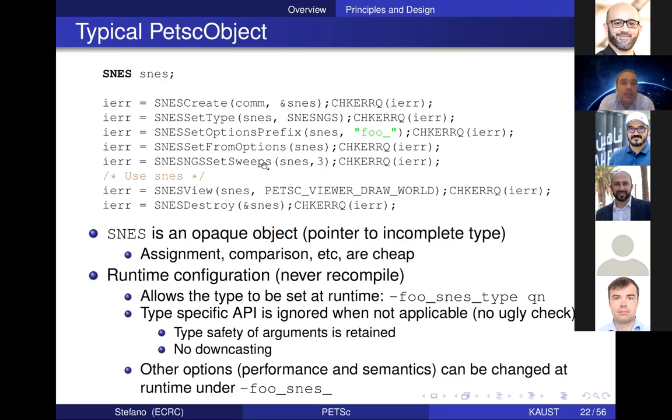So in this case, for example, I'm trying to use an API which is specific to nonlinear Gauss-Seidel, and I'm saying to use three sweeps in the nonlinear solver. And since I changed at runtime the type of the solver to be quasi-Newton, this API will do nothing. Which means that I can write a very general code that does not require recompilation if I want to change the configuration of the solver.